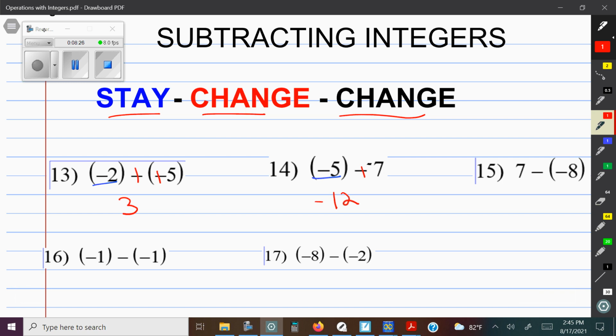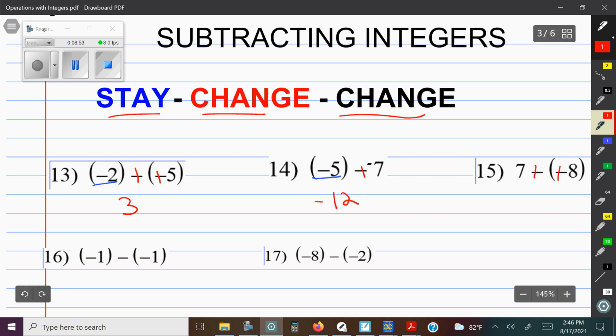All right, go ahead and pause the video here and see if you can solve the rest of these. Okay, so on this one, we got 7, stay, change, change.